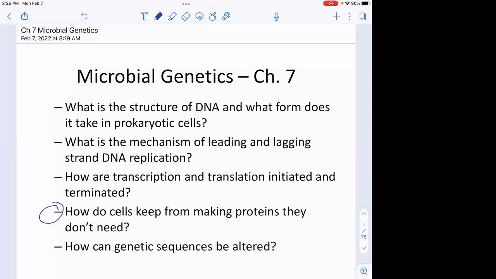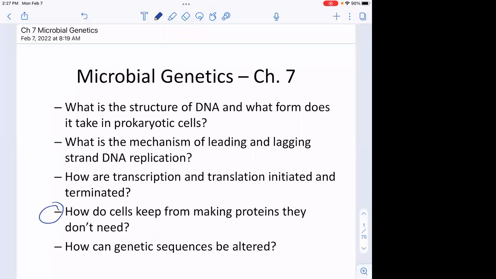It's important that cells aren't making proteins that they don't need, because it's a very energetically expensive thing. So we'll talk about regulation for bacteria that involves operons. And then a little bit about mutation at the end and how cells can fix that, as well as how bacteria can share DNA.